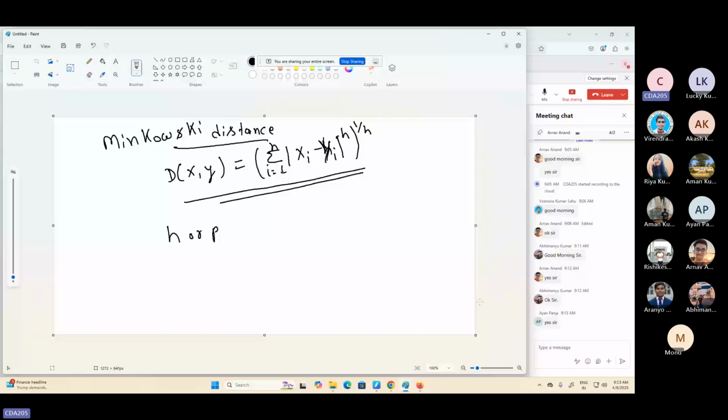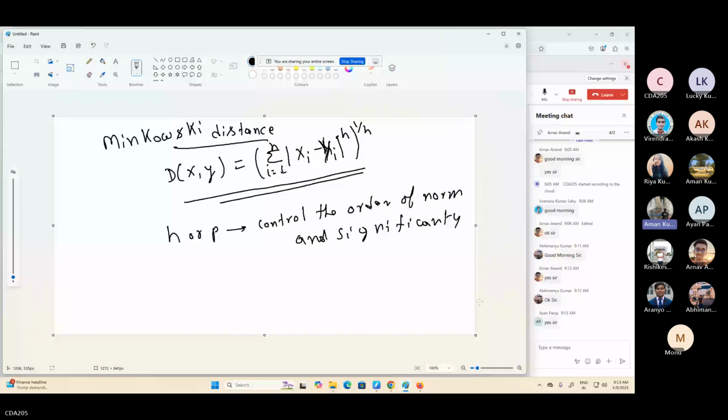Okay, so when we talk about h or p, it controls the order of norms and significantly affects the behavior of the distance matrix.